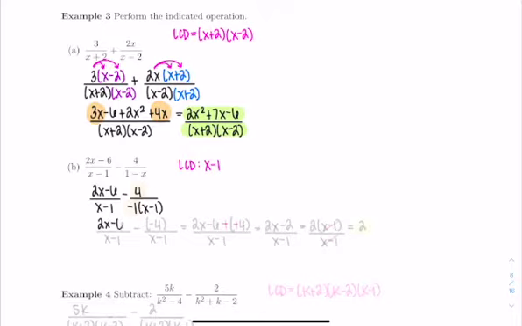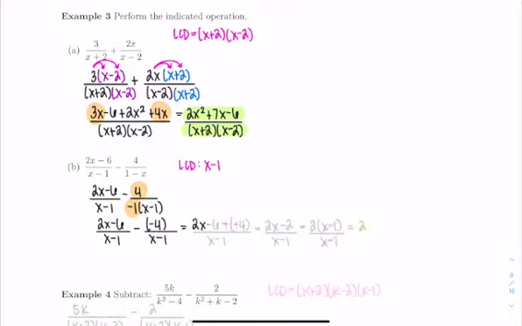We have 2x minus 6 over x minus 1. But looking at the second fraction, I have 4 divided by -1, which is just -4 all over x minus 1. Well, we have the same denominator, so we can just combine them into one fraction.